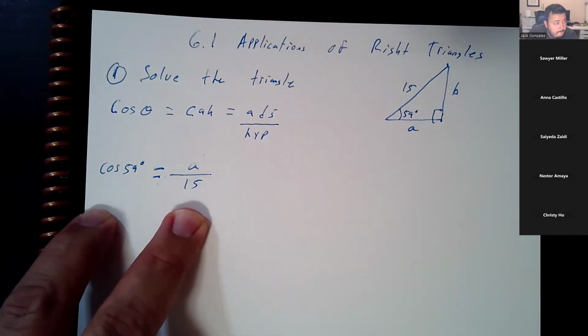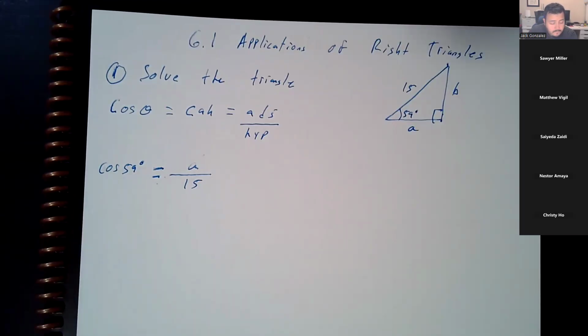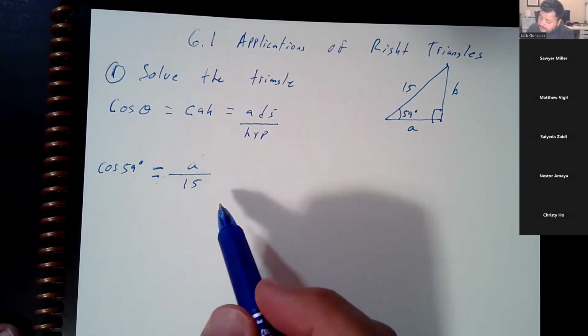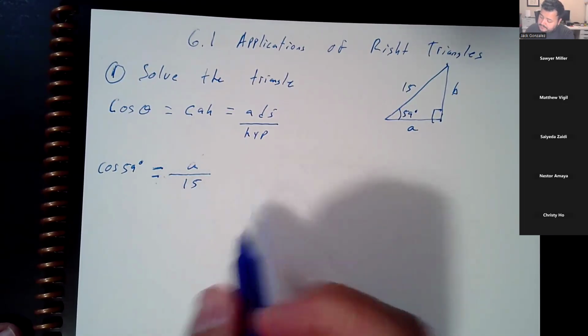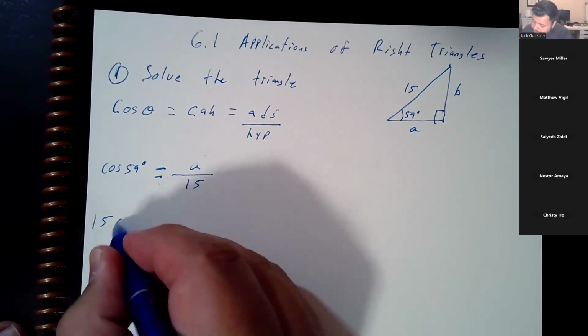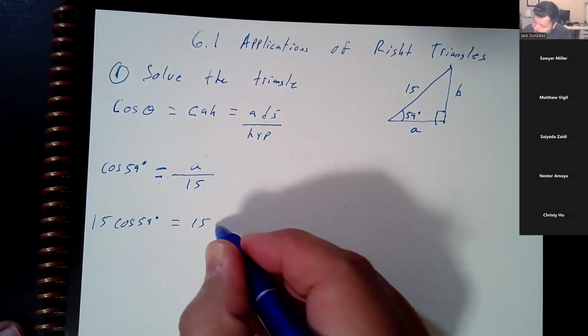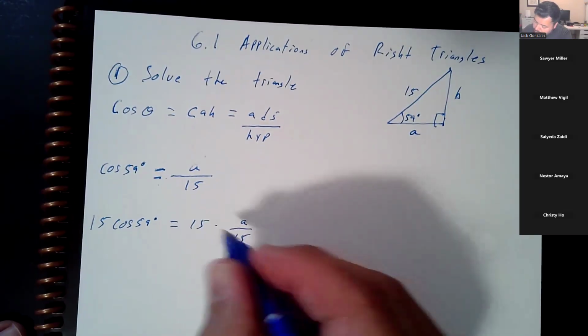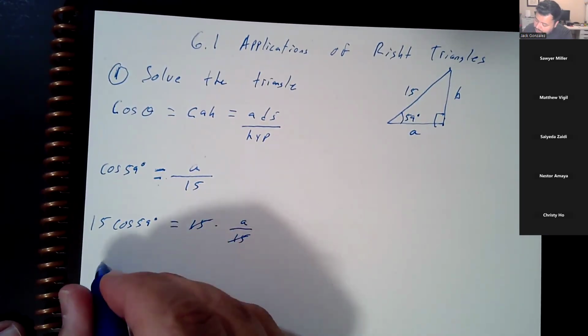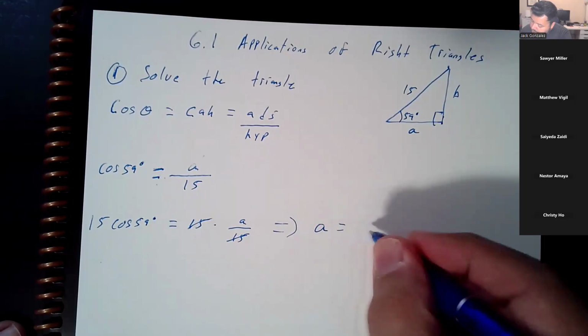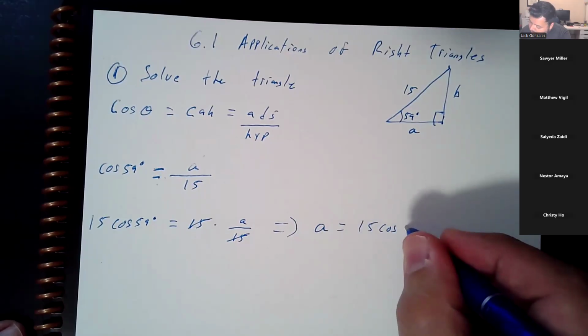This setup? Yes. Okay. So that makes sense, and the rest is just algebra. This is the part that I need you to understand. How do we get this? If that's cool, then multiply both sides by 15. Do some algebra. So now this implies that a is equal to 15 cosine of 59 degrees.